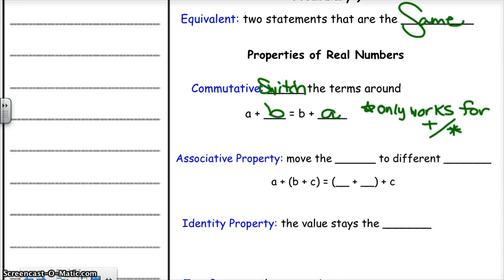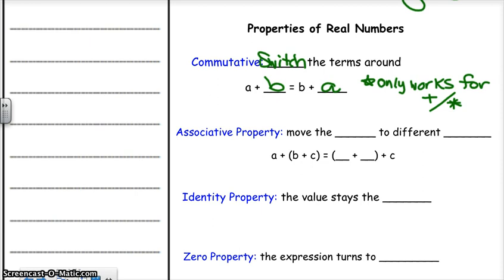Associative property. I always look at this root word: associate. And associate, I think of like a group, and if you think of your group of friends, you're kind of close together. So anytime I see parentheses moving, it tells me it's an associative property going on.